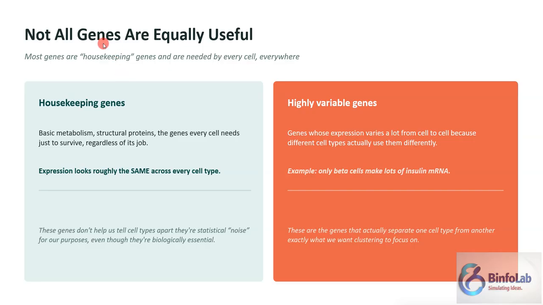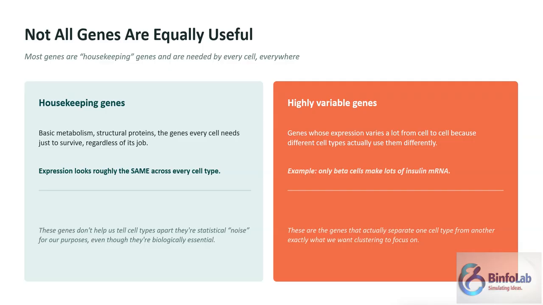First of all, remember not all genes are equally useful. Why? Because there is a term we call housekeeping genes, and they are almost everywhere in our cells. Their expression is necessary, whether it is a normal cell, a disease cell, or a stress cell.